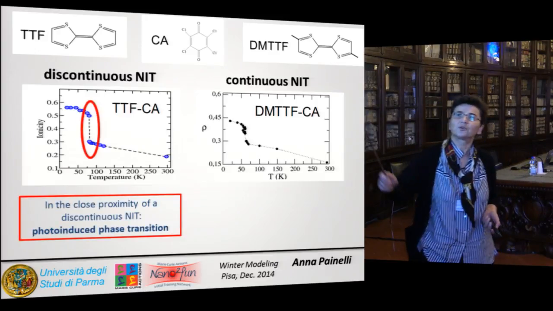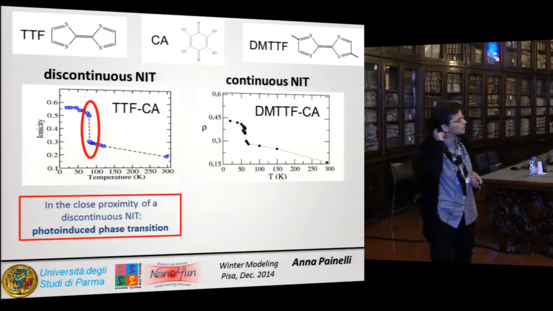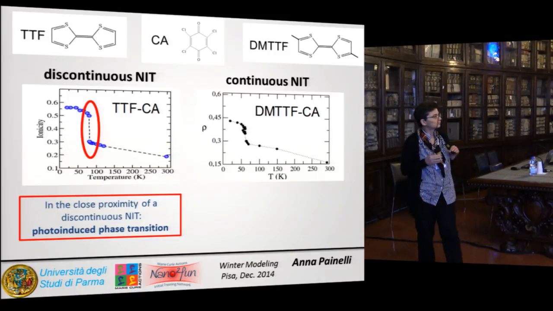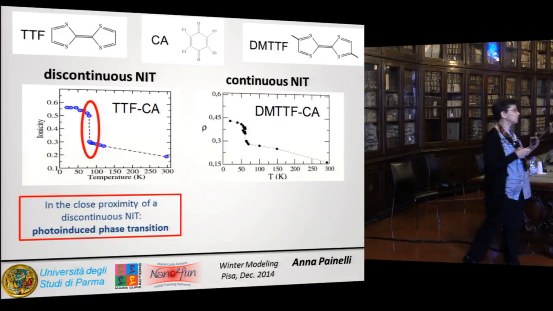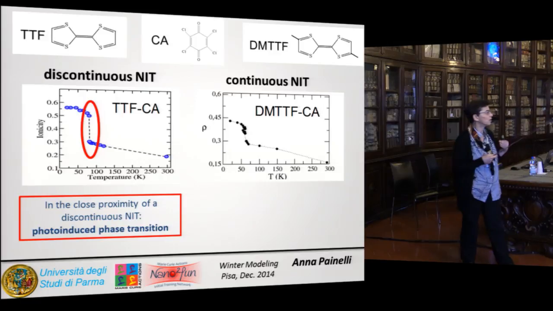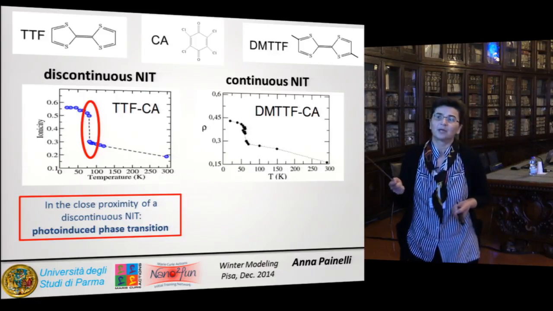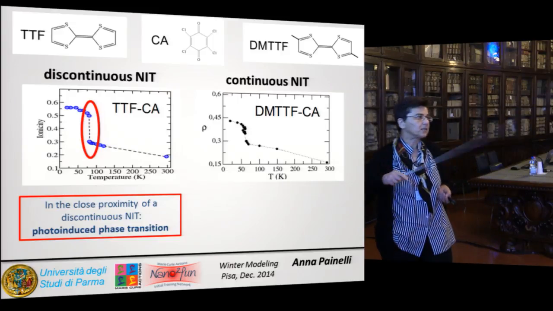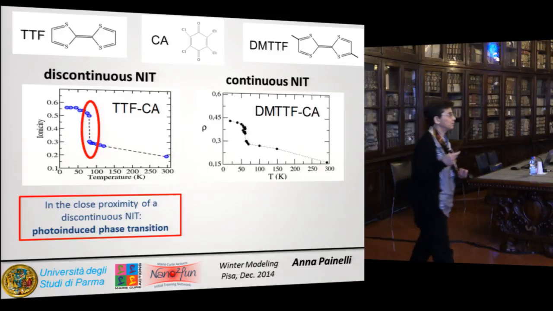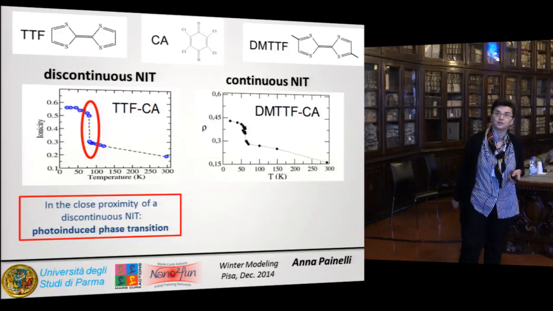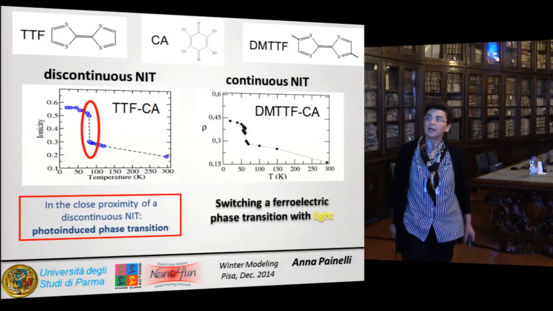Today for us, discontinuous phase transitions are more interesting, because if you have a discontinuous phase transition, of course, you have a region of multistability for your system. When you have a discontinuous phase transition, you can have hysteresis, so you have metastable states. And the idea is to photoinduce a phase transition by simply optically populating this metastable state, long-lived metastable states. And this is possible and has been demonstrated for TTF chloranil.